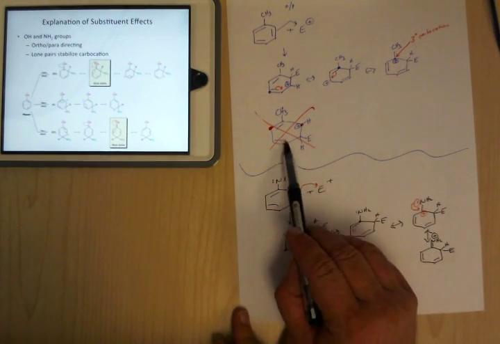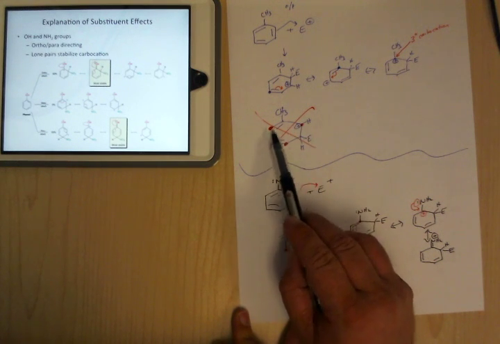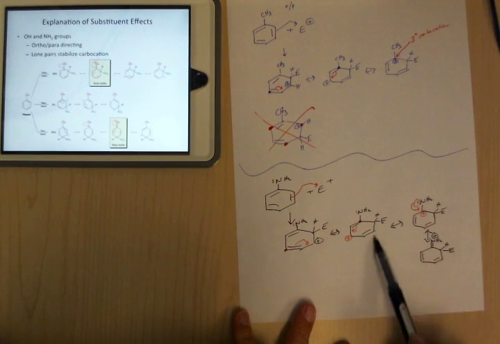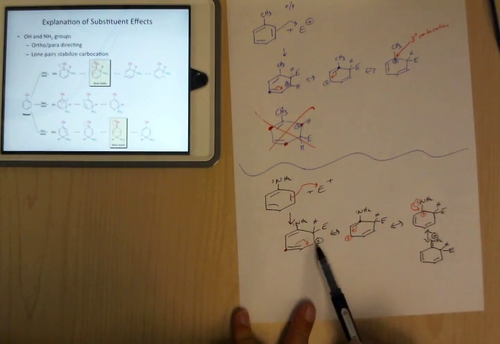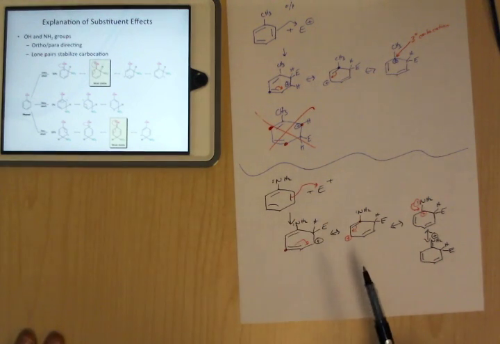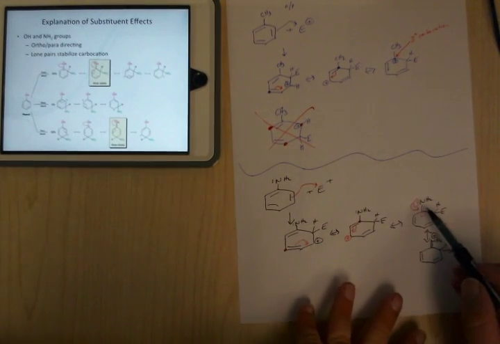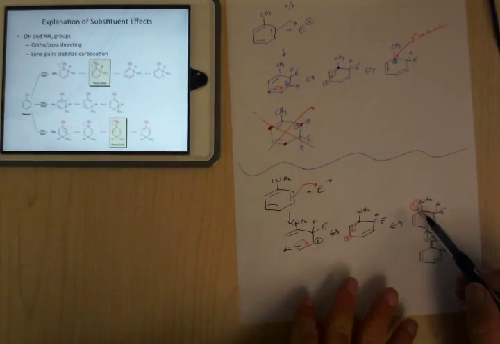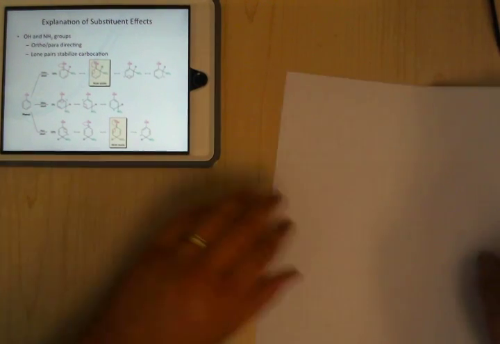Remember, if you put this into the meta position, you can't take advantage of that. Okay, so it knows that you're going to be able to, by putting it into the ortho position or the para position. If you do the para position, again, it works. Electronics work the same way. You're going to be able to take advantage of that potential resonance structure here. Okay. Now, for meta directors, okay, so remember, nitro is probably the easiest one to see.